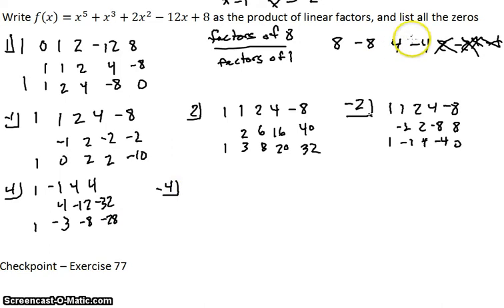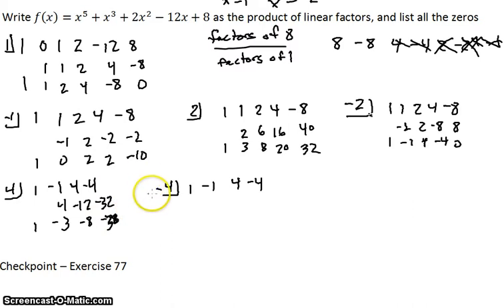Let's check -4 now. That was a negative, so this would be a -36, but it still didn't work.